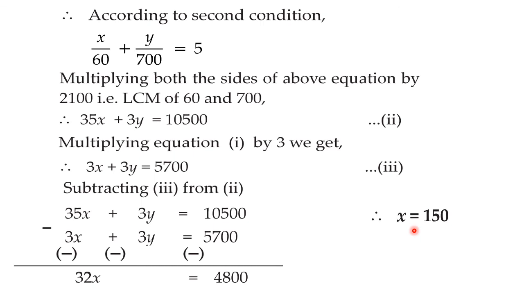That means there is no need to find the value of variable y. So finding x only is enough, and we can write down the answer of what is required. That means the distance traveled by bus is 150 kilometers. Therefore we shall travel 150 kilometers by bus.